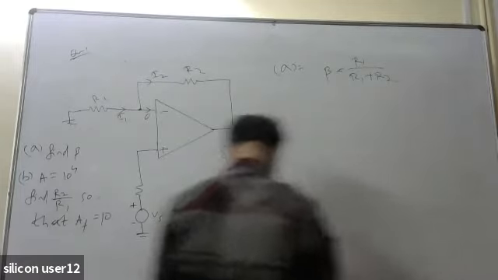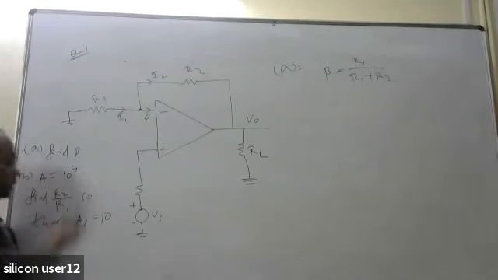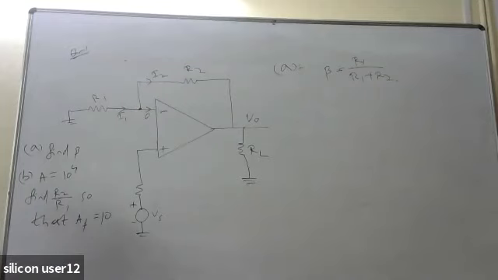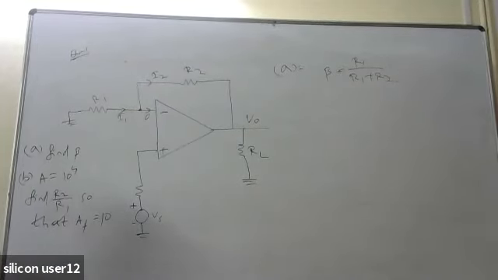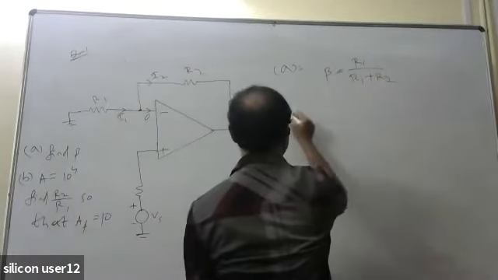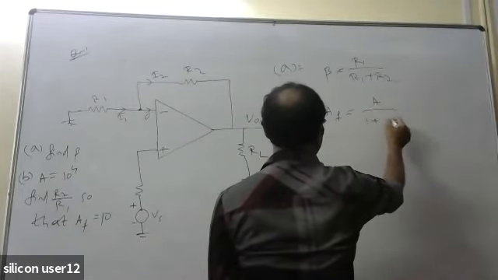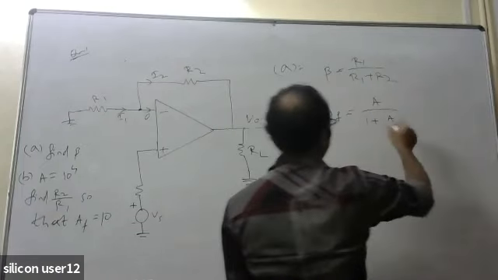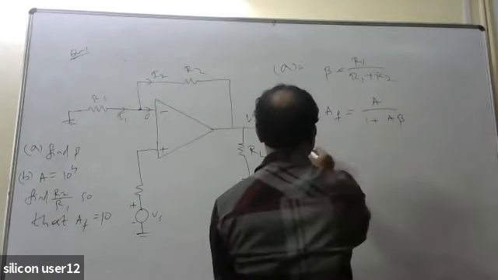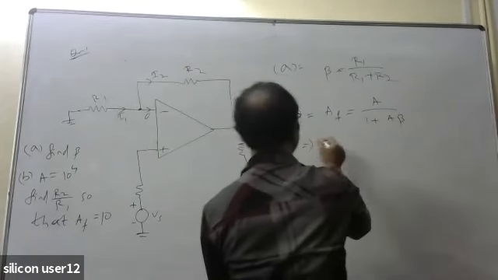Second thing, it is asking that A is given as 10 to the power 4 and find R2 by R1 so that AF will be equal to 10.